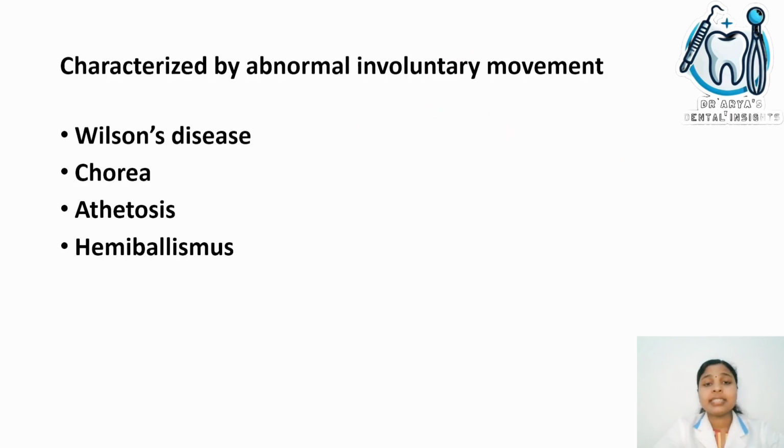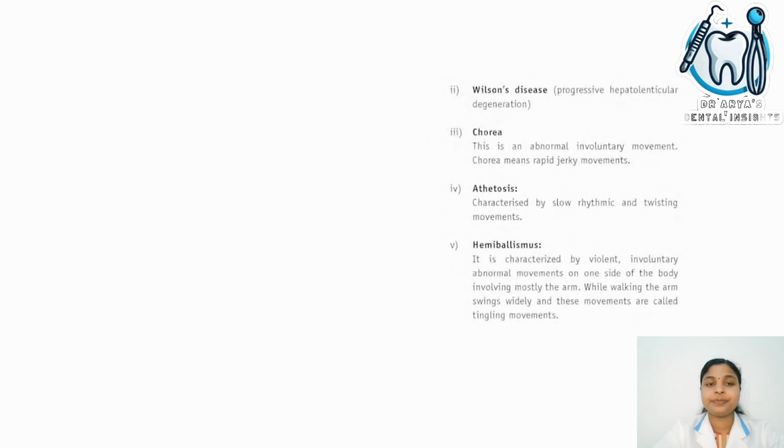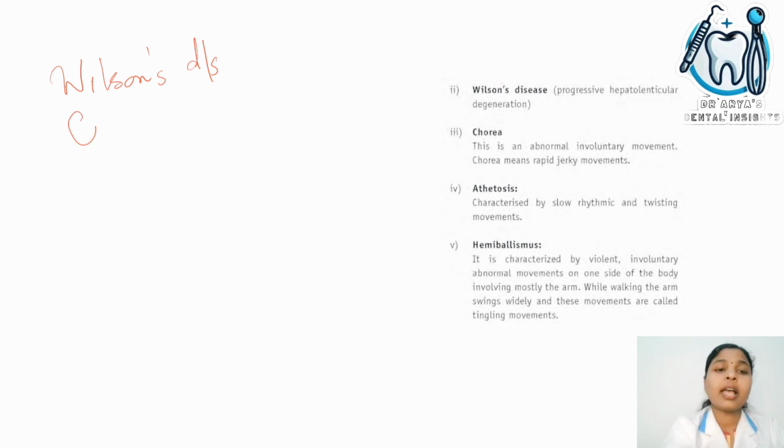What is characterized by abnormal involuntary movement? So, Wilson's disease, chorea, athetosis, hemibalismus. Which is the correct answer? First one is Wilson's disease. Wilson's disease is progressive hepatolenticular degeneration. Then chorea. Chorea is the abnormal involuntary movement.